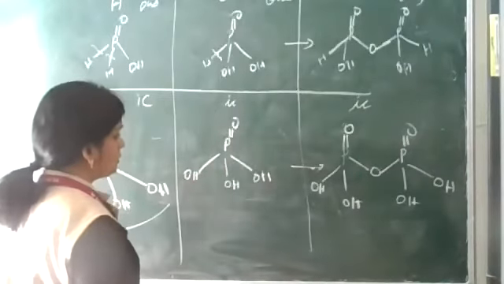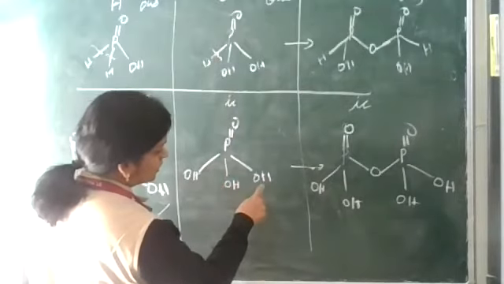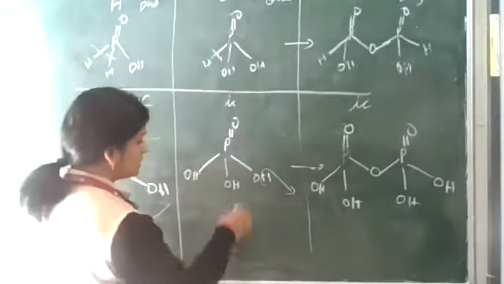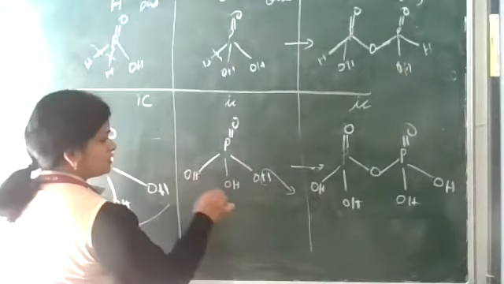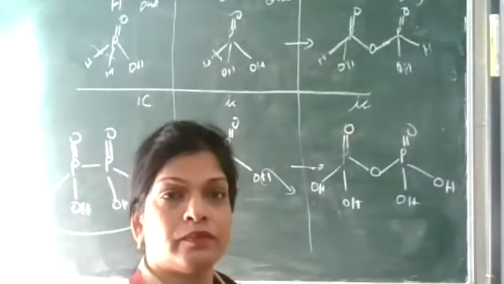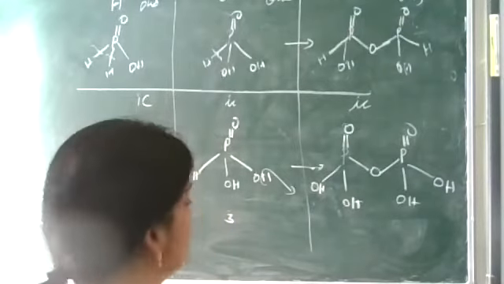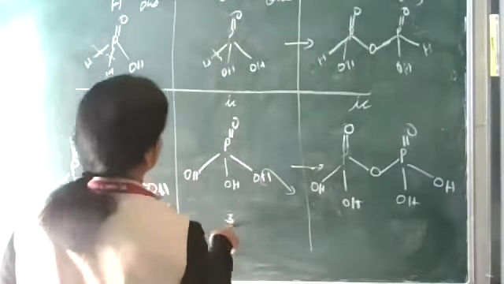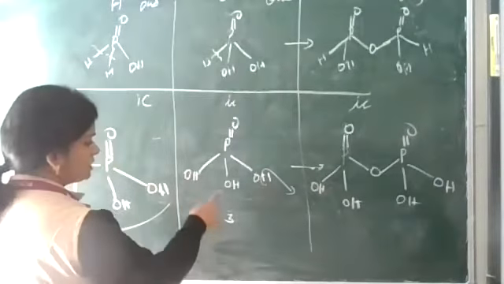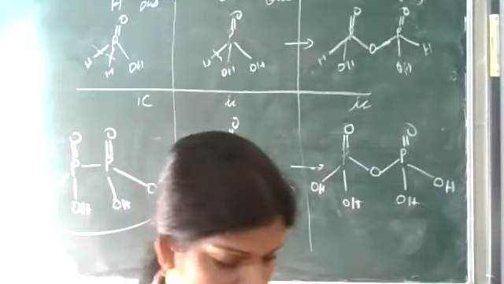The P-H bond is not ionizable, but P-OH is ionizable, meaning H can be taken as H plus. So we say the basicity of this phosphoric acid is 3, of this is 2. Basicity is decided by the ionizable OH bonds.